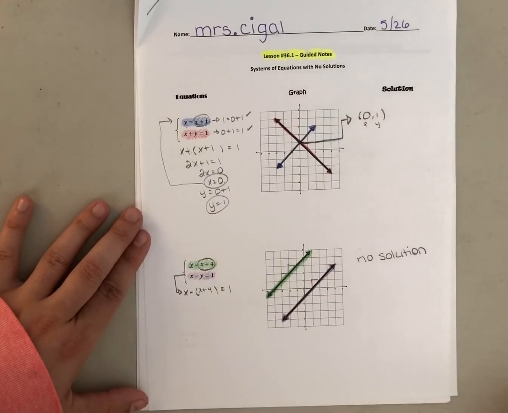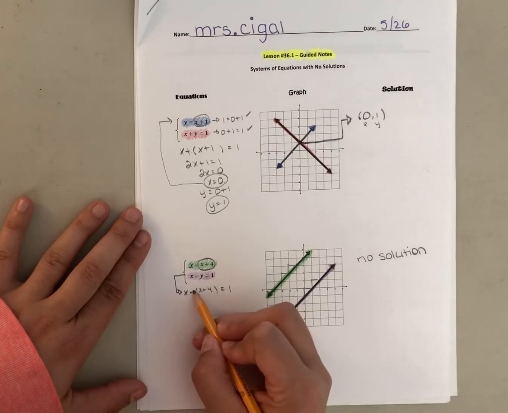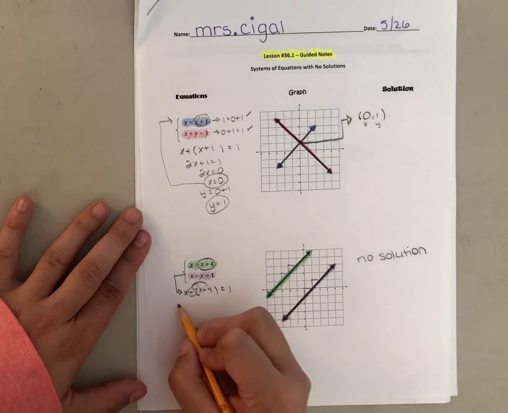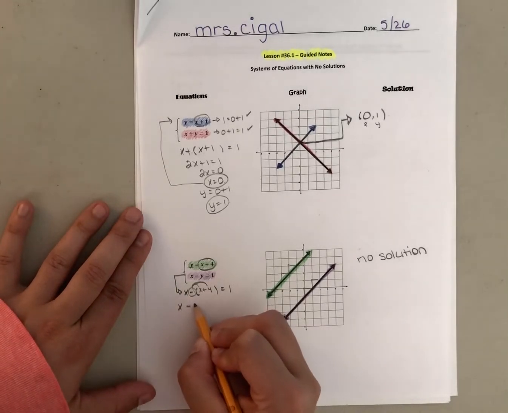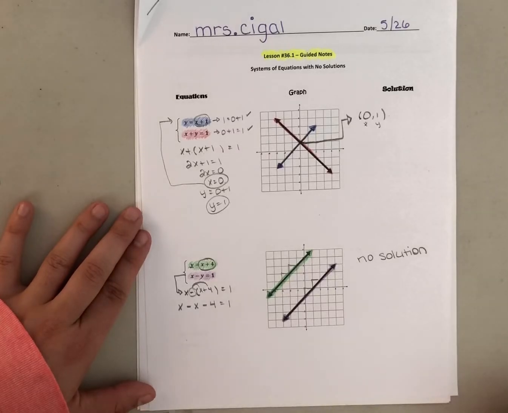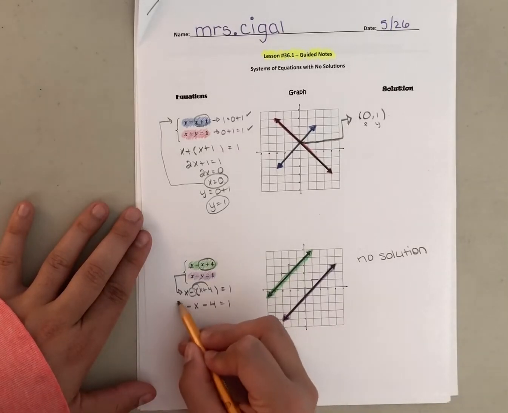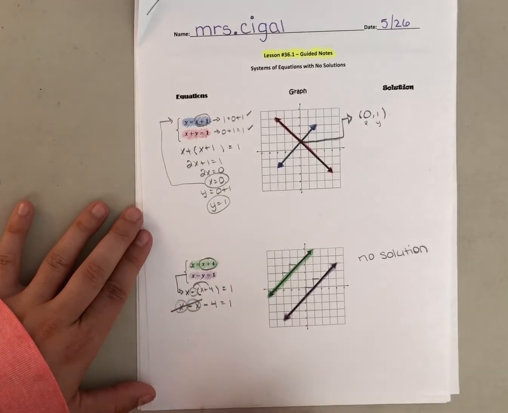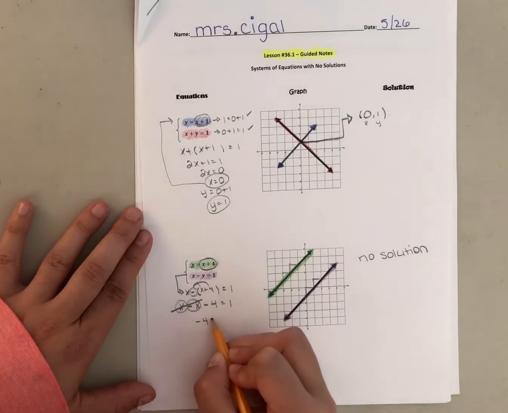Now I'm just going to solve. We do need to distribute. We've got a negative sign, so take the negative sign and make sure it goes into the parentheses. That becomes x minus 4. It just changes those signs. We're going to combine like terms. x minus x, though, look what happens there. It cancels. And we have negative 4 equals 1.